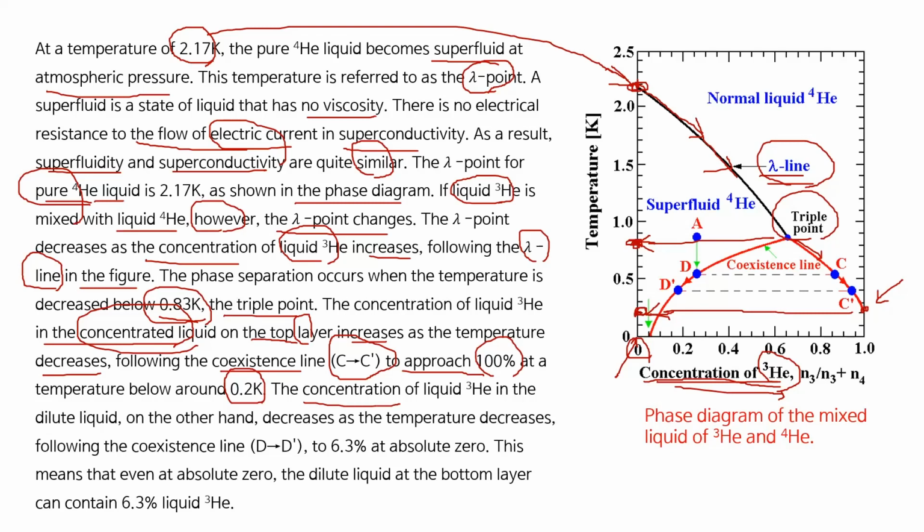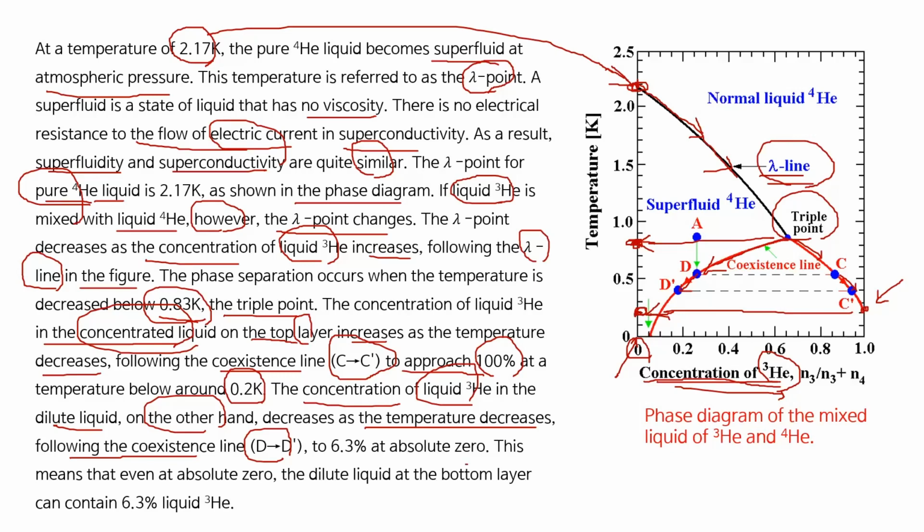The concentration of liquid helium-3 in the dilute liquid, on the other hand, decreases as the temperature decreases, following the coexistence line D to D prime. So this line. So the concentrated liquid follows this C prime line, but the dilute liquid follows the D prime line. Okay.